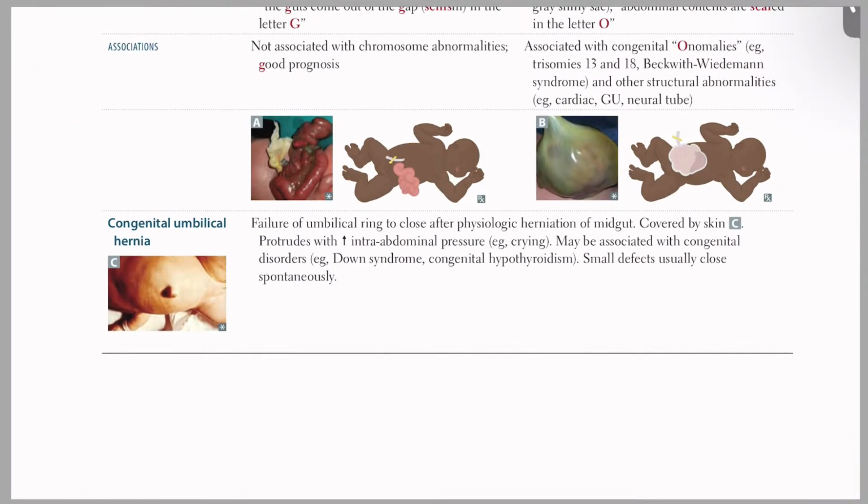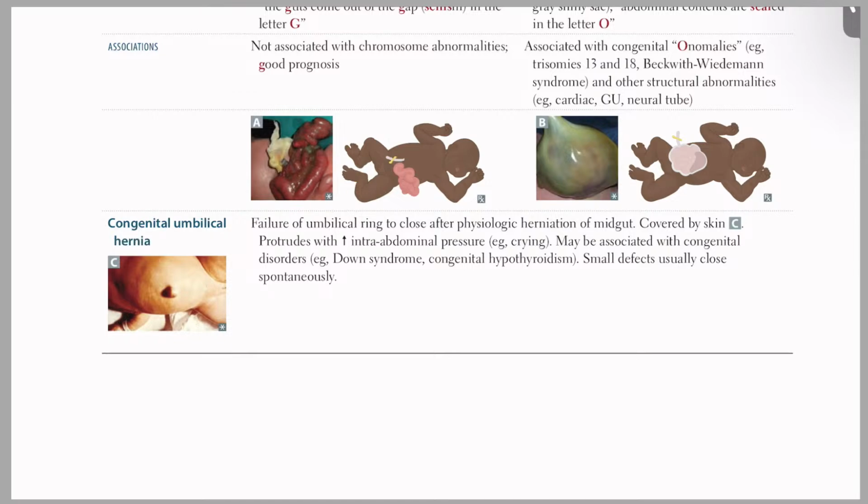Congenital umbilical hernia: failure of umbilical ring to close after physiologic herniation of midgut, covered by skin.